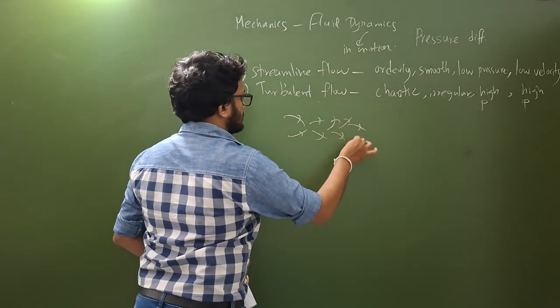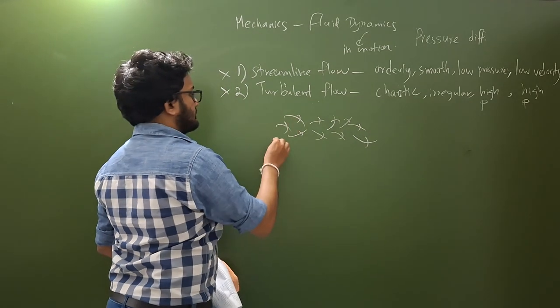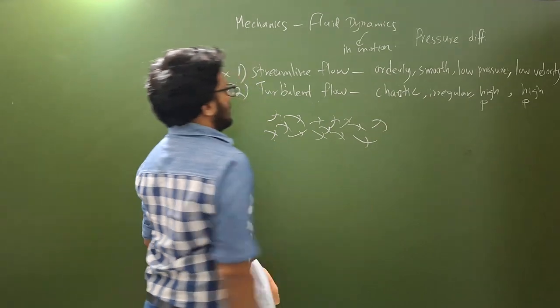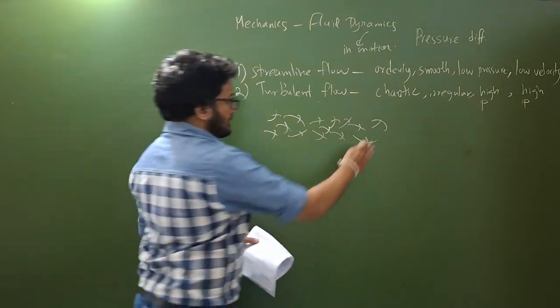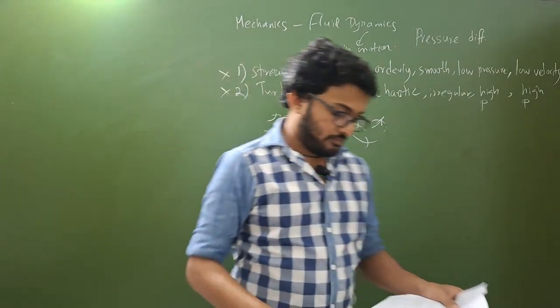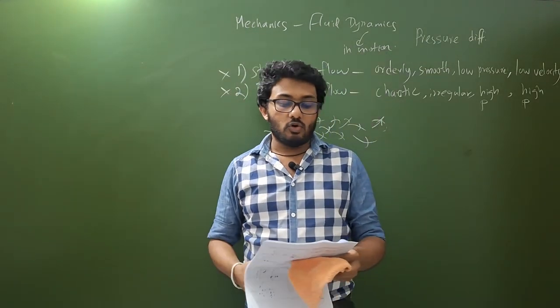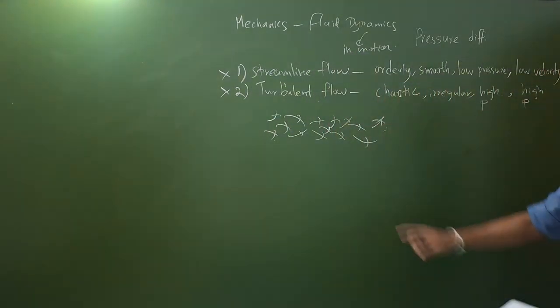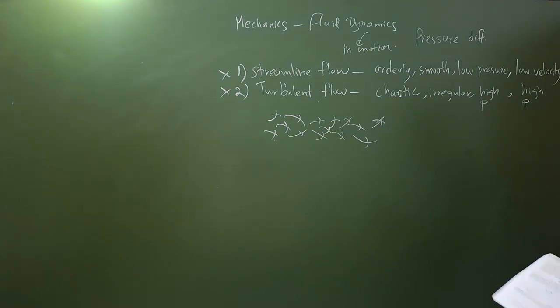This is very irregular, like this. You can draw this diagram at right hand side top before the topic steady flow. This diagram only.